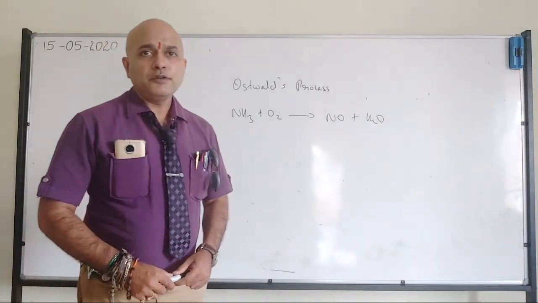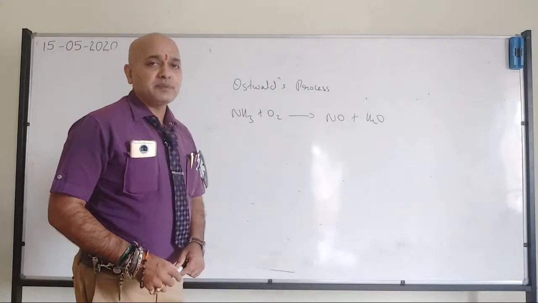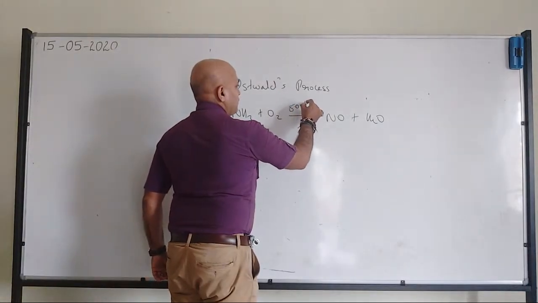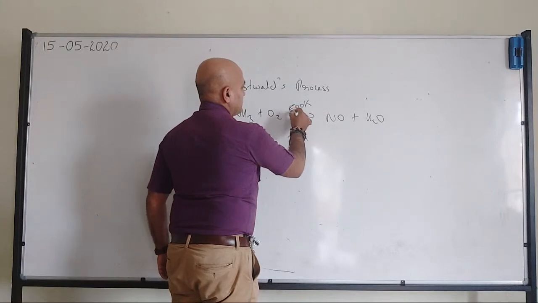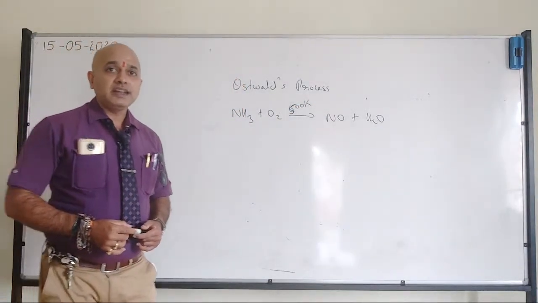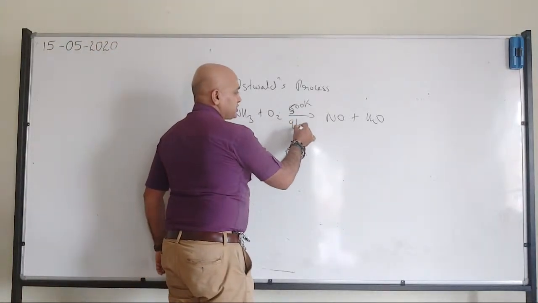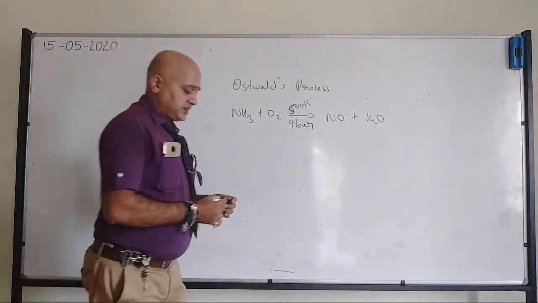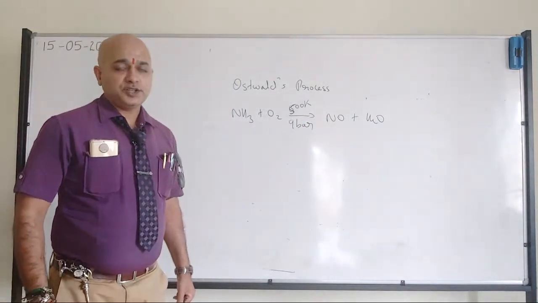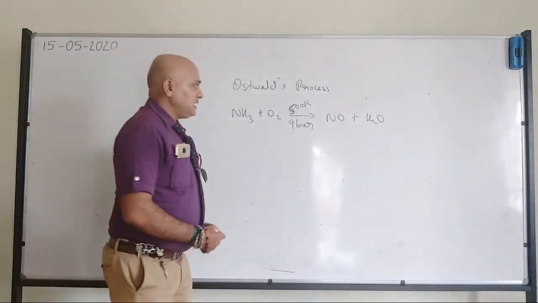So I'm not going to worry about balancing and all because it's just a brief explanation. Fine. So that's where the condition can be around 500 Kelvin. With respect to pressure, it will be 9 bar pressure, much less compared to Haber's process, right?